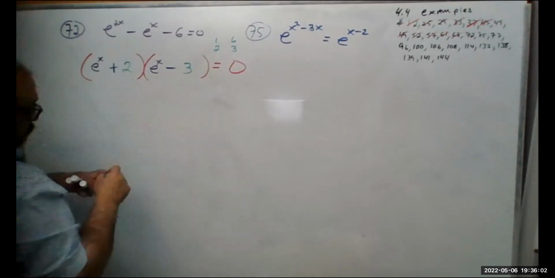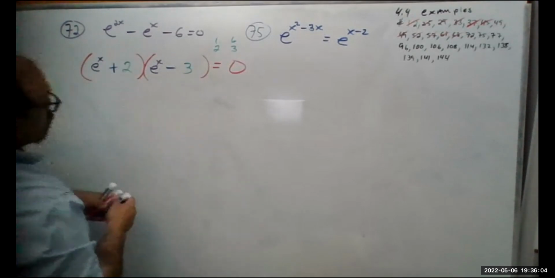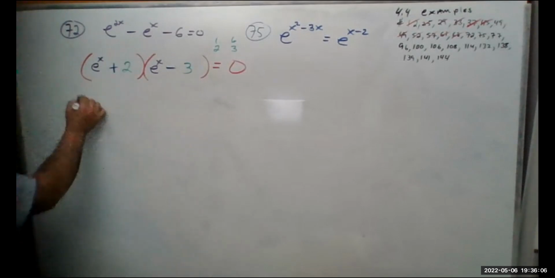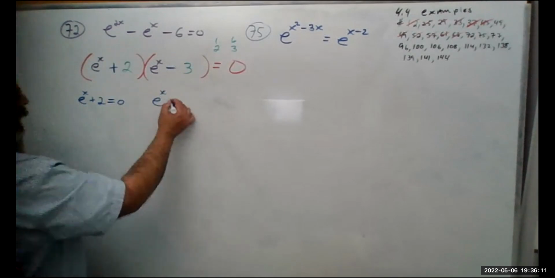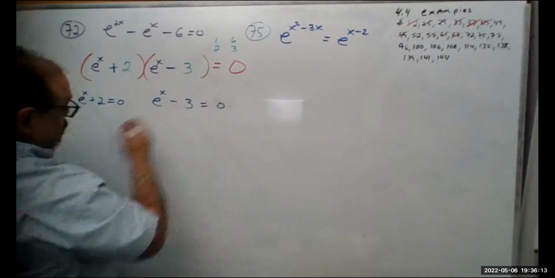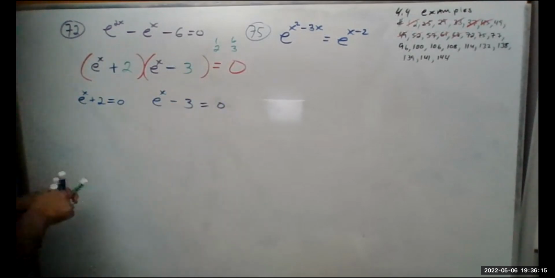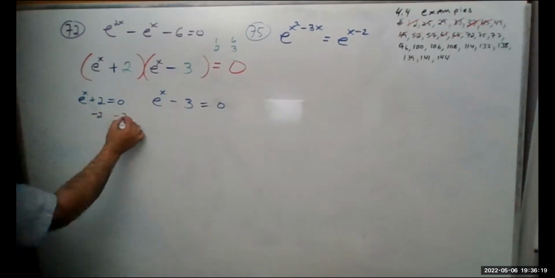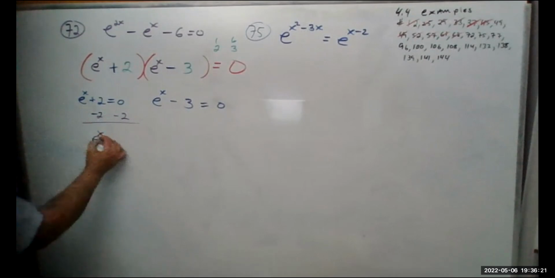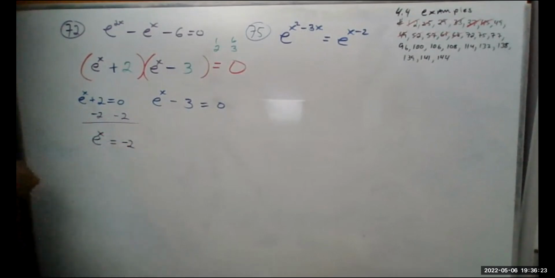But we're not done. Once it's factored, you let each factor equal 0. You let e to the x plus 2 equal 0. You let e to the x minus 3 equal 0. And then you solve. To solve, subtract 2. So this e to the x would be a negative 2.